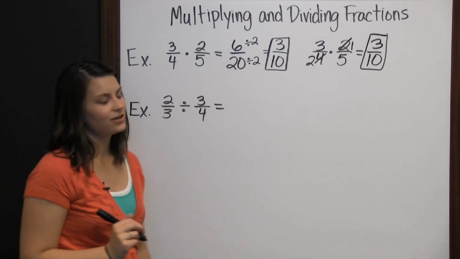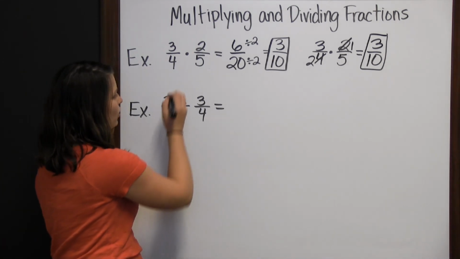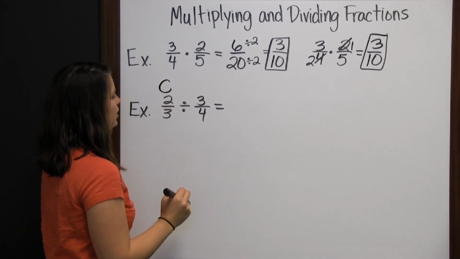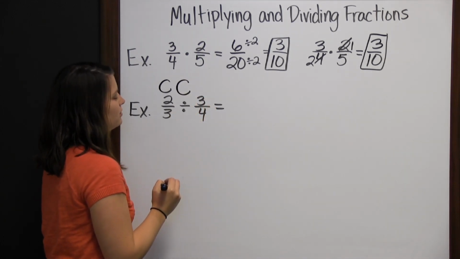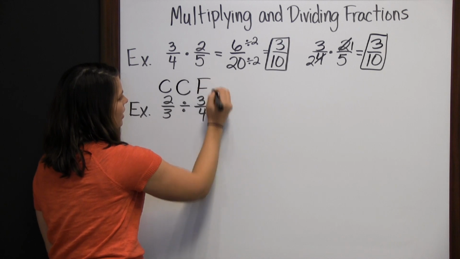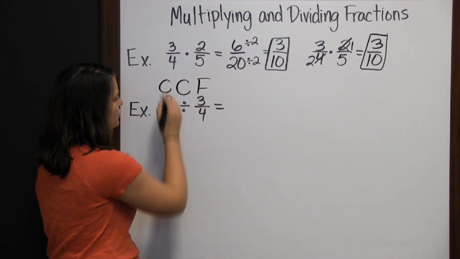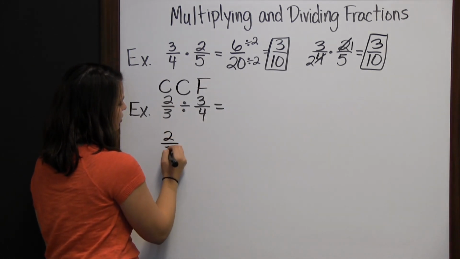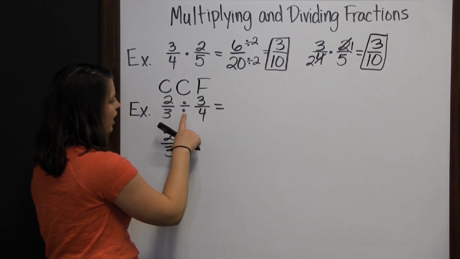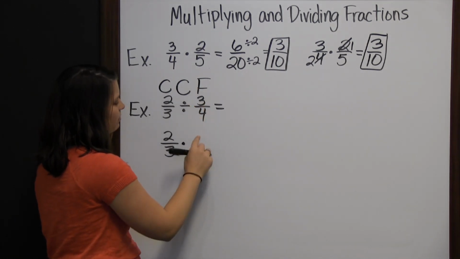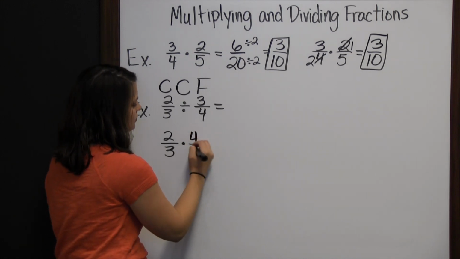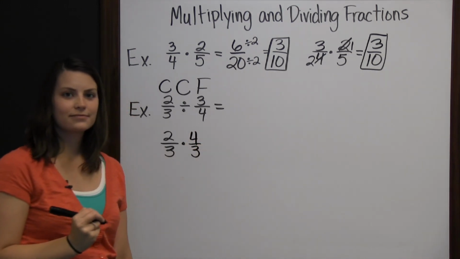We don't divide fractions. Instead, we copy the first fraction, we change division into multiplication, and we flip our last fraction. So we copy the first 2/3, we change division into multiplication, and we flip the last fraction over. So it's now 4/3.